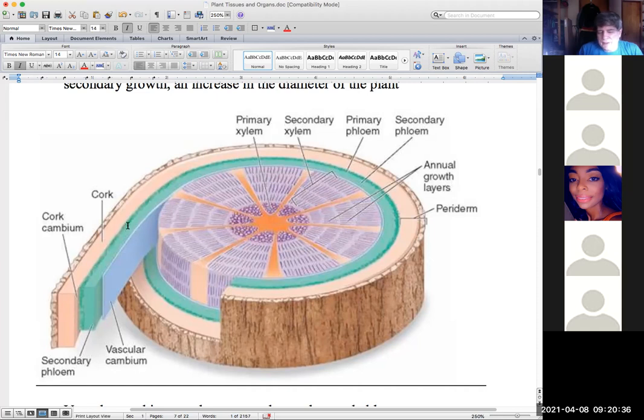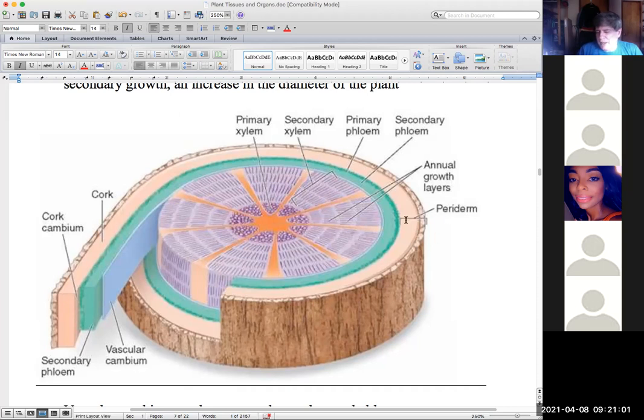We don't have this light green. So right after the blue, we've got this dark green. We've got the primary phloem. And then on the very outside, we have a layer of cells called the epidermis. So before we get wood, we have the pith, we have the primary xylem, we have the vascular cambium, we have the primary phloem.